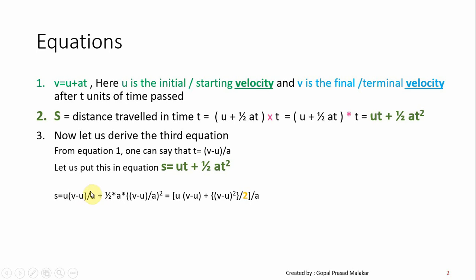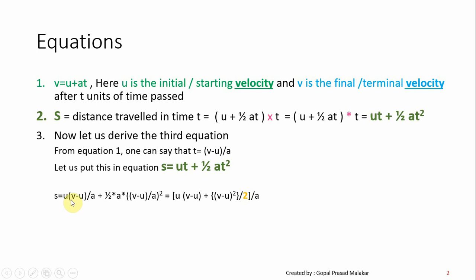Look at here, there is 1a in the denominator, and here it was 1a in the numerator and a square in the denominator. So essentially here also what will be left is just the 1a in the denominator. So you can take this whole thing and put a as the denominator, so this whole thing will become the numerator. You understood, here just 1a in the denominator, here 1a in the numerator but a square in the denominator. That gives you total just 1a in the denominator, and that's what we are taking out.